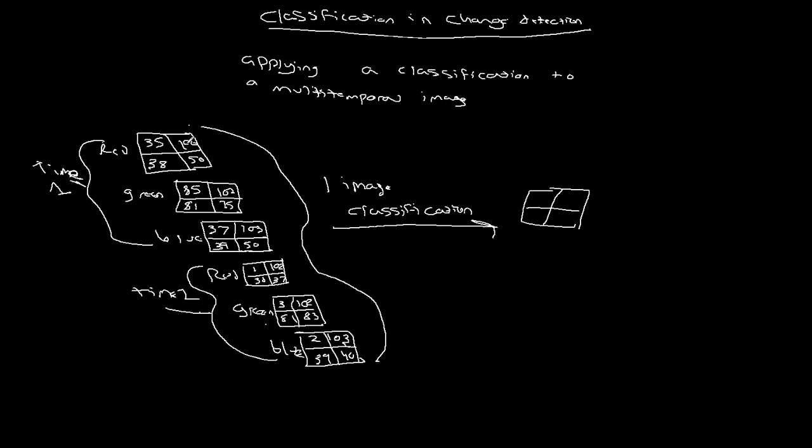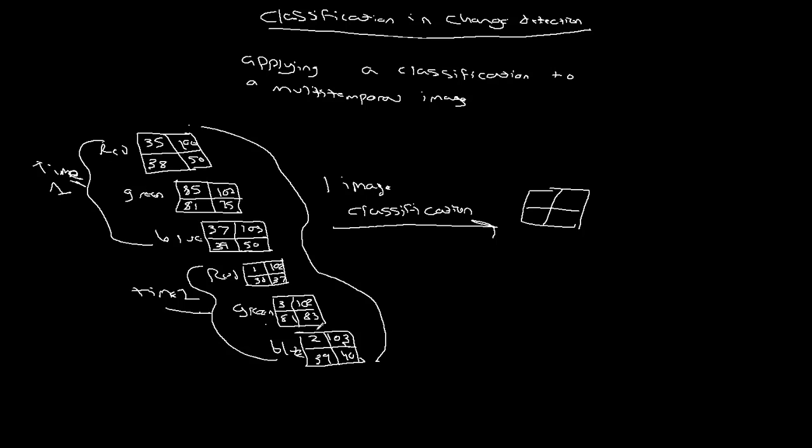This pixel here was urban at time 1 and urban at time 2. And this pixel here was soil at time 1, but it had been converted to vegetation at time 2.